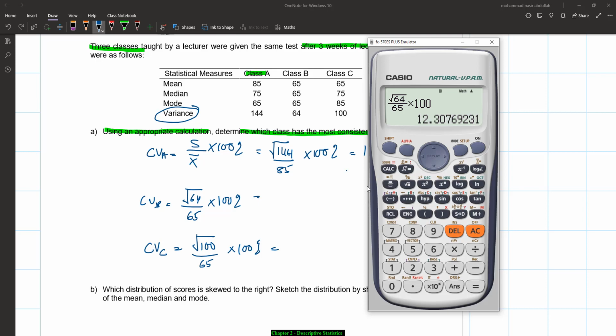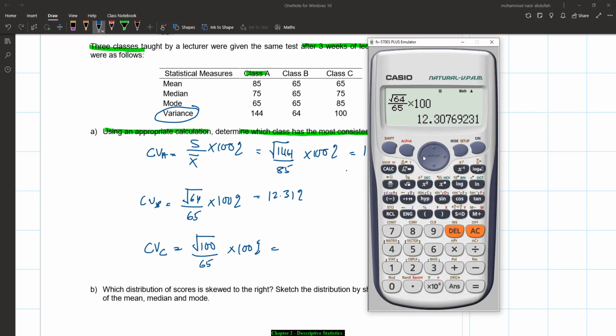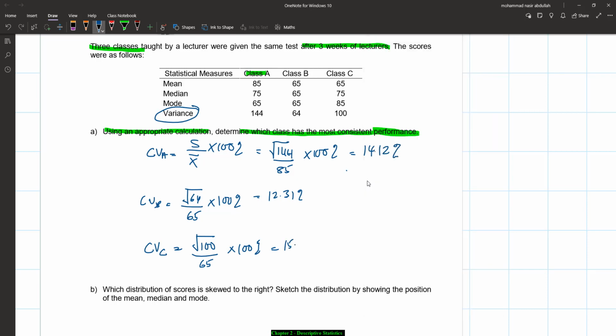So it should be equal to 12.31%. And the last one should be 100. So this one should be 15.38%.